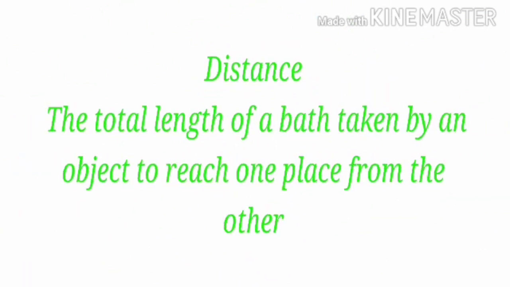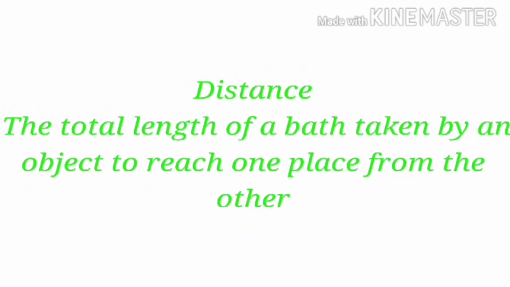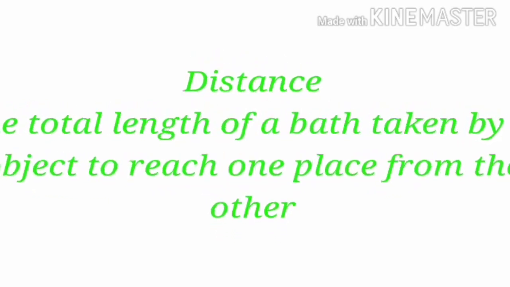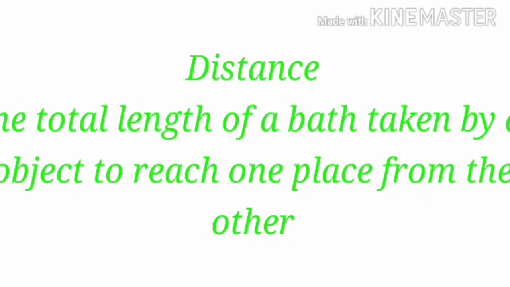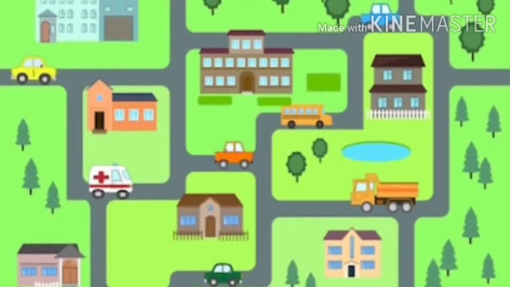First, distance. The total length of a path taken by an object to reach one place from another is called distance. For example, the distance between your house and school. In that, you move from your house to school.